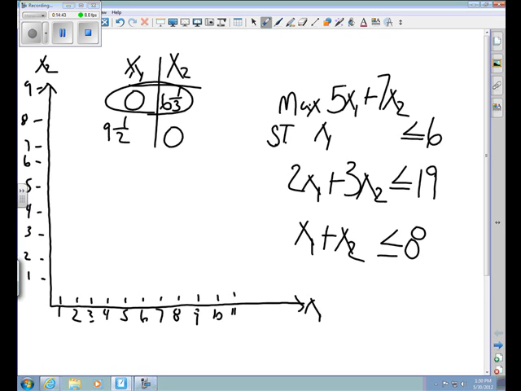So where x1 equals 0, that's this vertical axis, x2 equals 6 1/3, which is going to be about right there. Okay? And then where x2 equals 0, that's the horizontal axis, x1 equals 9 1/2, which is right there, approximately. And then I'm going to connect the dots here.